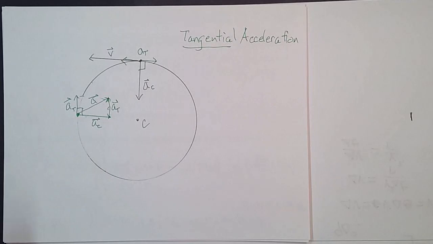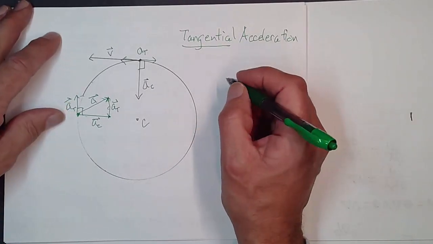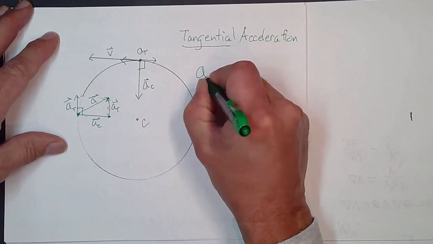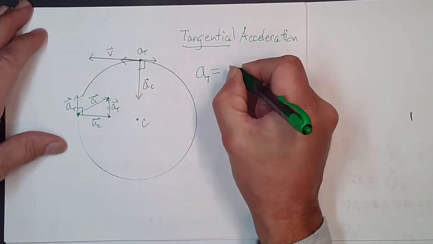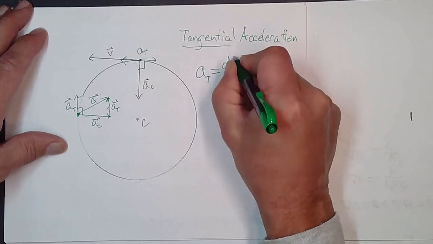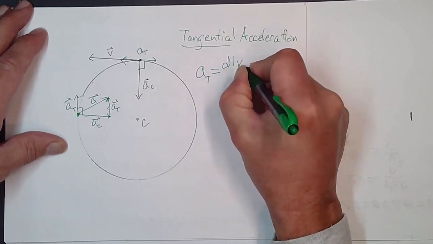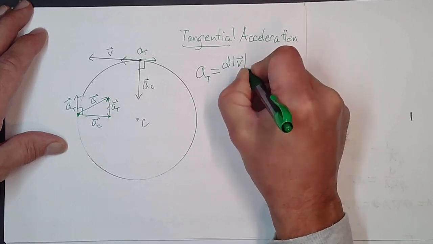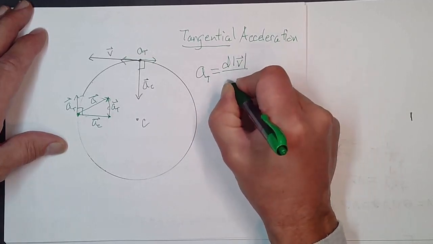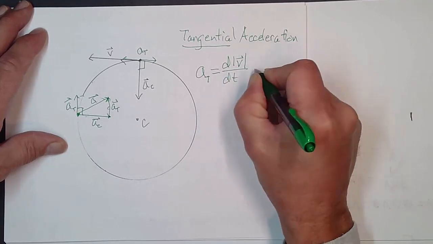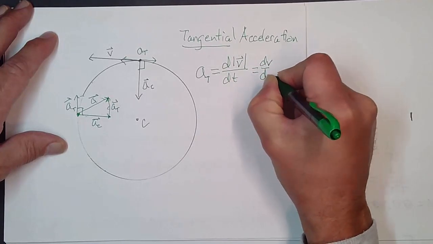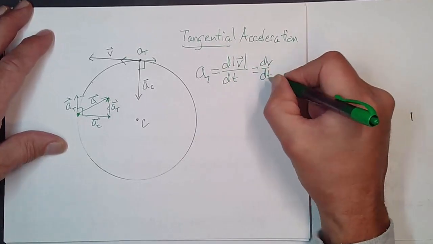Now, what about calculating that tangential acceleration? Well, if you can use the language of calculus and derivatives, you can write it as the derivative of the magnitude of the velocity. Magnitude of velocity is just the speed, which you could write as dv/dt without the vector stuff.